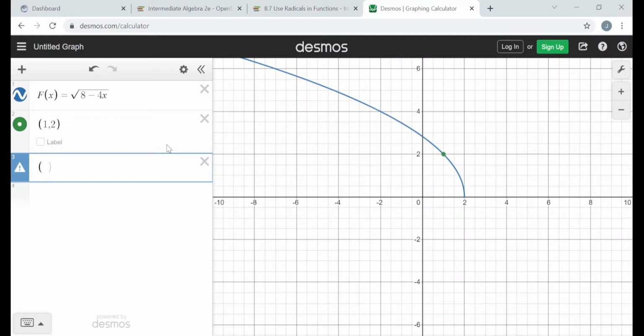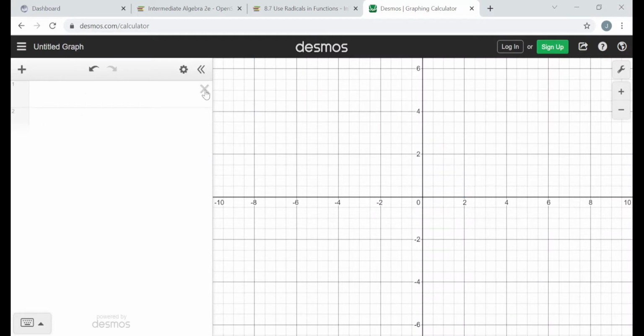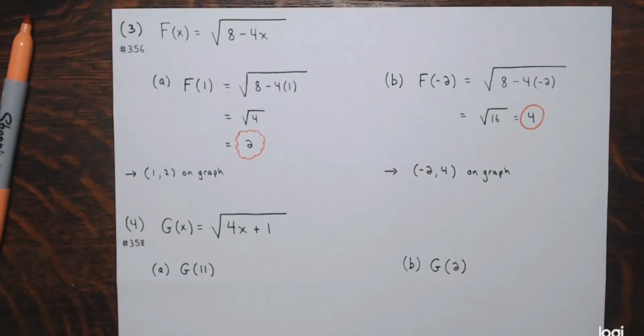It belongs to this function capital F. And then we saw input negative 2, output 4, and you see that purple point showing up, also on the graph. Excellent. (-2, 4), (1, 2). Wonderful. Now if they didn't show up on the graph, then we probably did something wrong. All right. Next question.